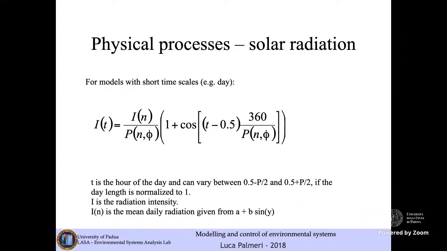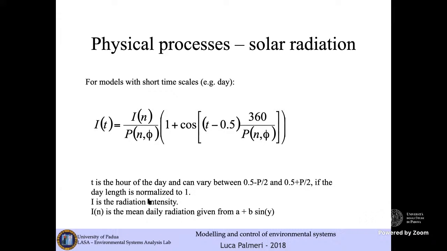And if we put all these together, we know that for models with short time scale, like for example a day, we may say that the intensity of the radiation arriving on the ecosystem as a function of the time of the day, in hours, may be made dependent on the intensity of the radiation En that arrives during that day, normalized by the photoperiod, multiplied by this function of the time of the day, the number of the day of the year, and the latitude.